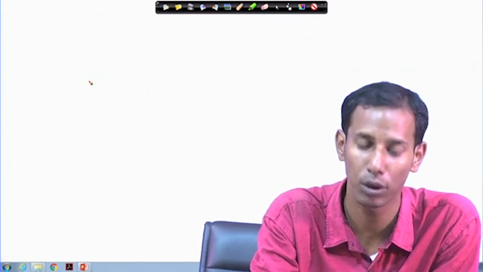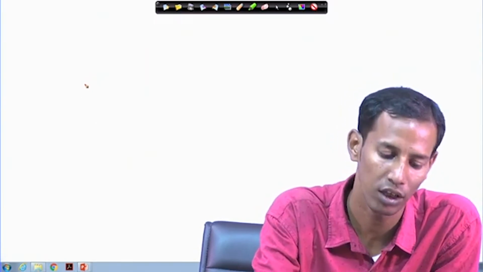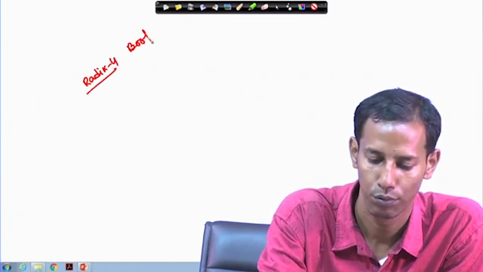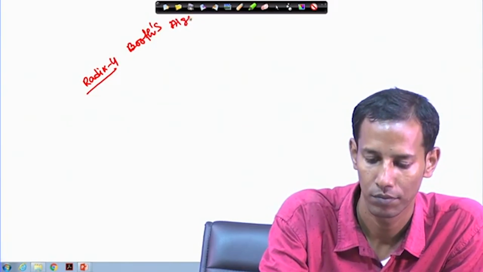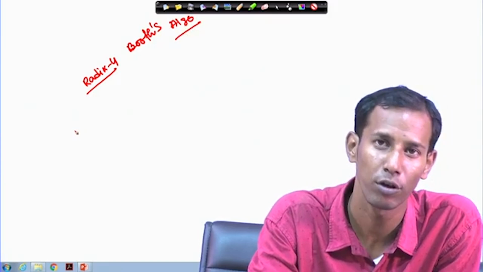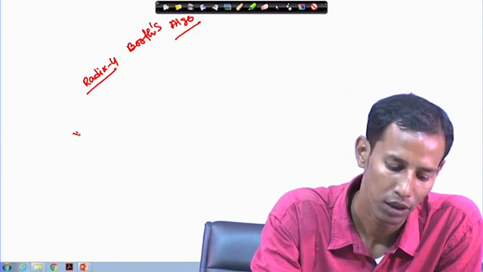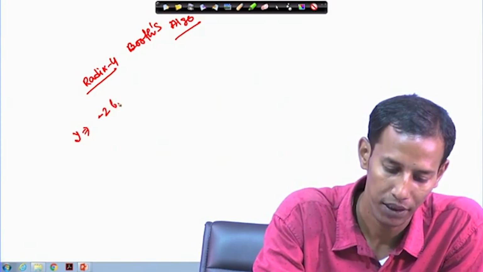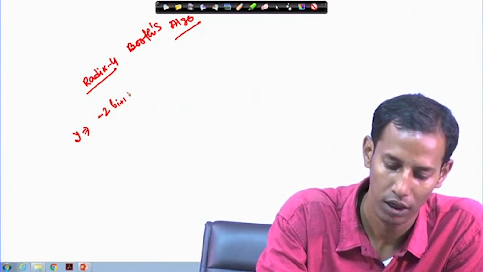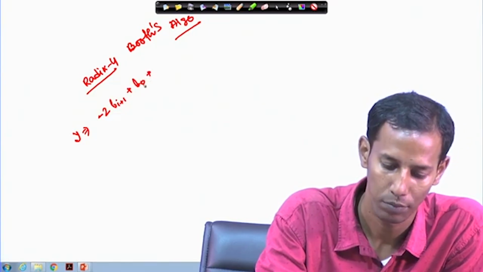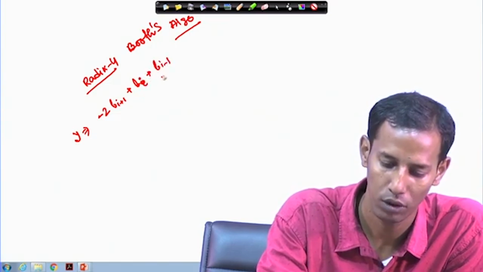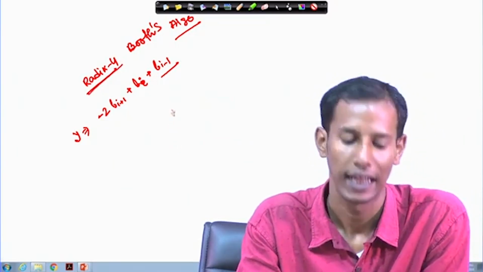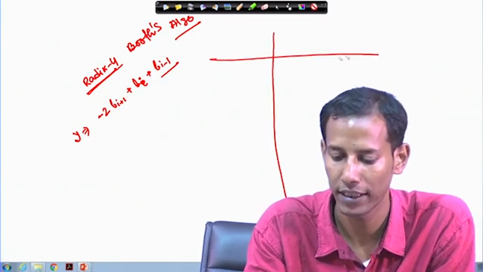Based on this particular equation, if I choose radix 4 Booth's algorithm, the corresponding recoded bit is selected as -2 into b(i+1) plus b(i) plus b(i-1). So, this is for radix 4.